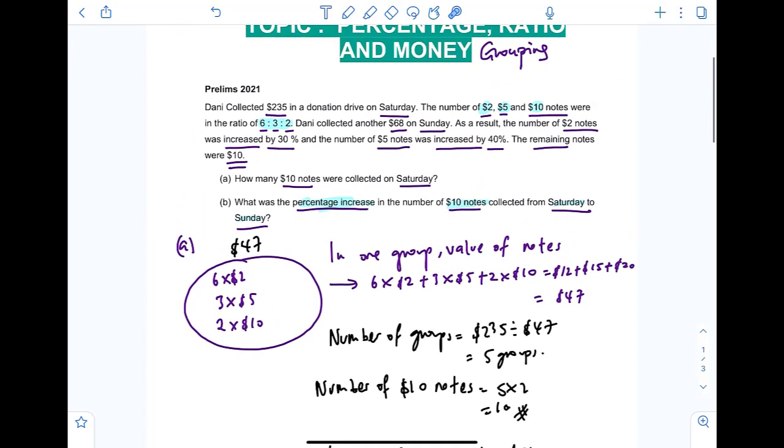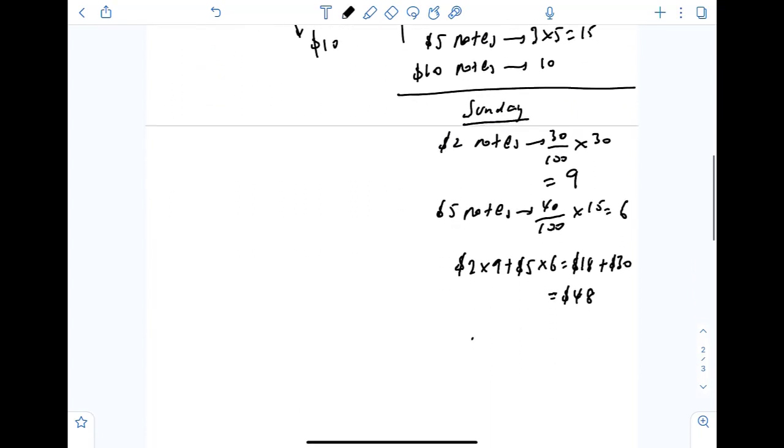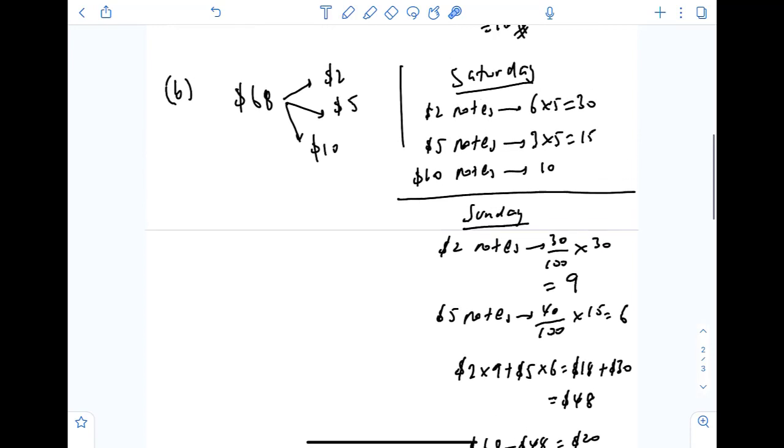So there's a balance of how much? 68 minus 48, that will be $20. And this has to be not for the $5, not for $2, but for the $10 notes. So $10 notes on Sunday will be $20 divided by 10. There will be 2 of it. So you have an additional 2 that was collected on Sunday.